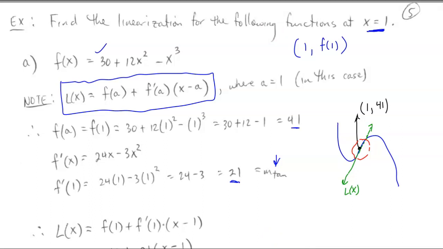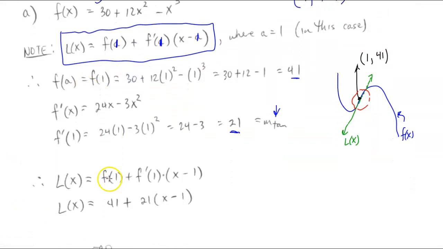All right, and of course, this is my function f of x here. Once we find all this information, we find what f prime of 1 is. We put a 1 here, and a 1 there.